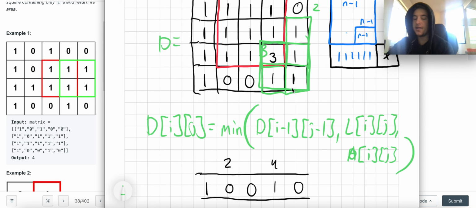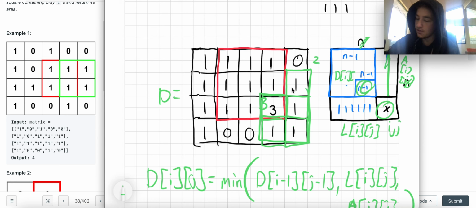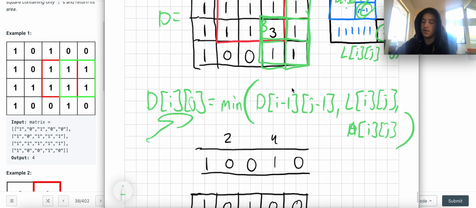So that's the square that I can put here, right? For some cell here, which is IJ, I have the number of 1s to the left of me at left IJ, and I have the number of 1s that are above me, which is above IJ, and then I have the square that's in this position, which is D at I minus 1, j minus 1. Right, so this is the formulation to find the square.